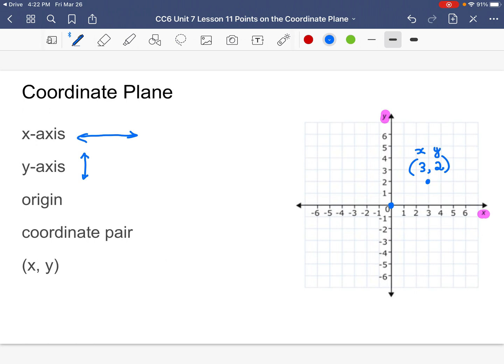And if you look down from the point to the x-axis, you can see that it's 3. And if you look across to the y-axis, you can see that it is 2. So that's where the 3, 2 comes from. And it's always x before y. Think of the alphabet in alphabetical order. X comes before y.